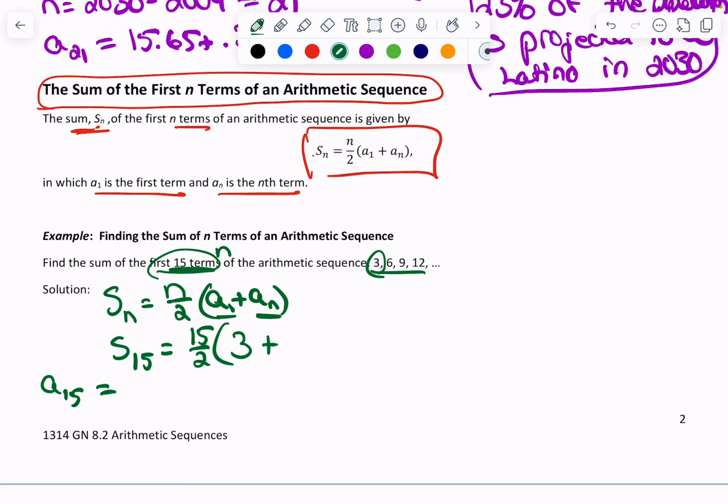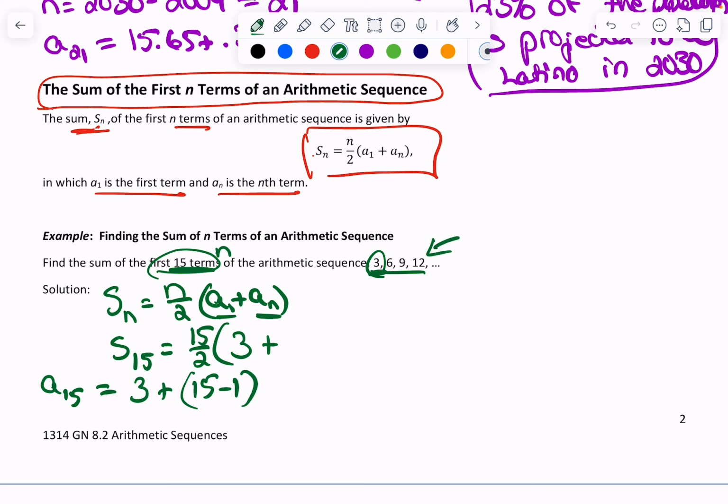The first term, again, is 3. Then we're adding n, which is 15 minus 1, and now we need the d. We need to figure out what our d is from here.